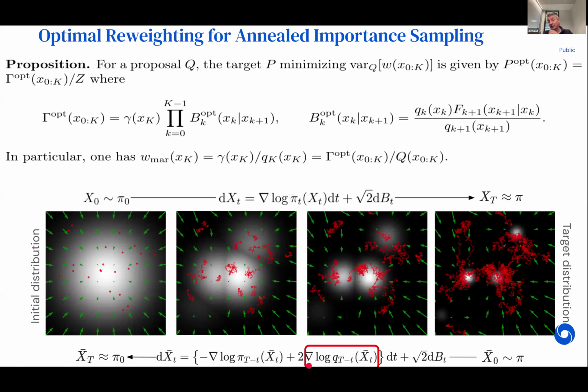This is the gradient with respect to x of the log of the intractable marginal density of x under the forward dynamic. So we can write fairly explicitly the time reversal we need to approximate for the case of a non-homogeneous Langevin dynamic.